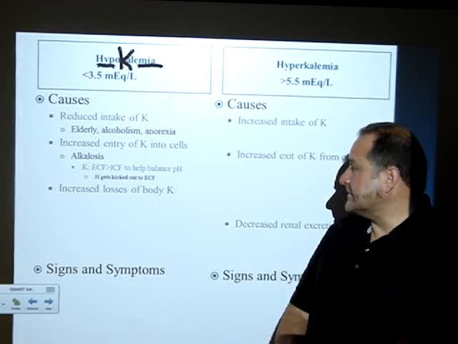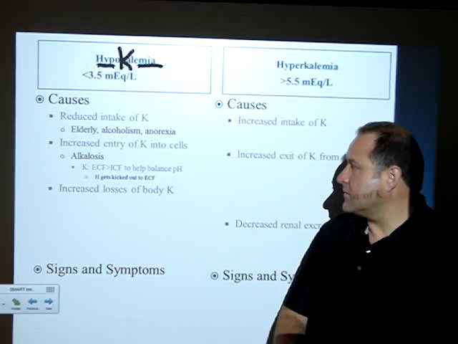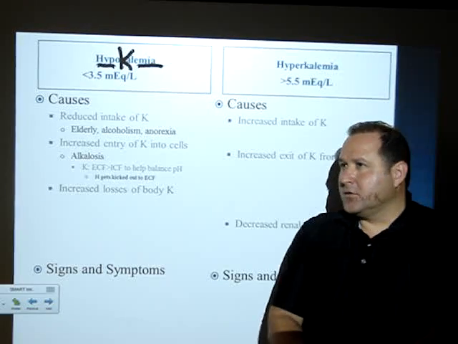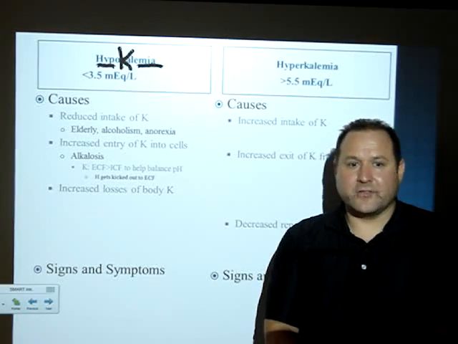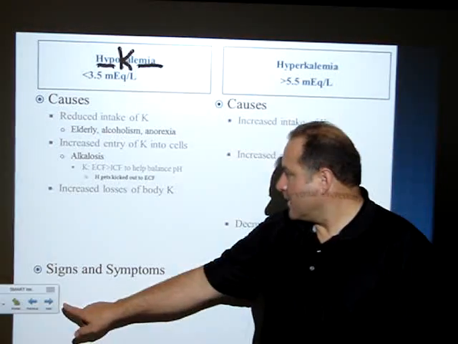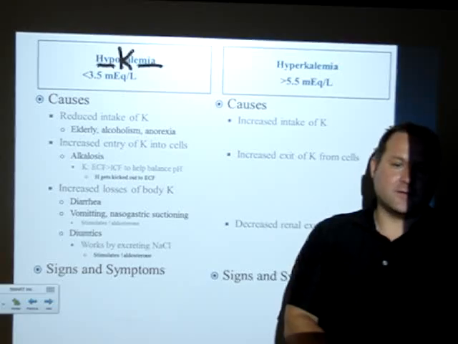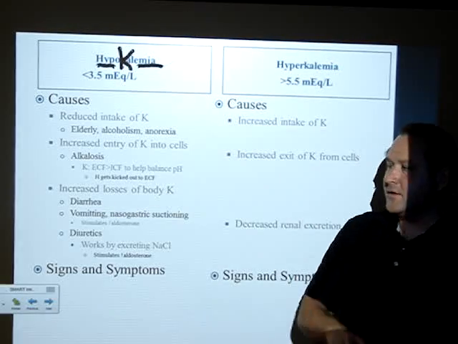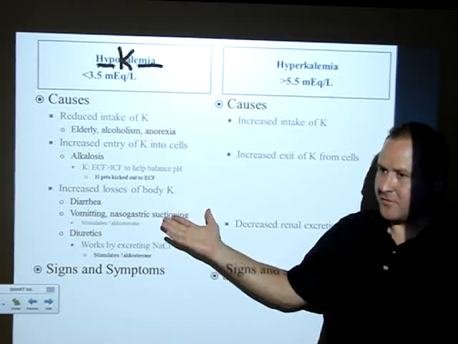But let's just say that potassium is very much involved in the whole alkalosis acidosis thing, and we'll get back to that later. Okay, of course you can lose body potassium by things like diarrhea, vomiting, nasogastric suction, whatever.